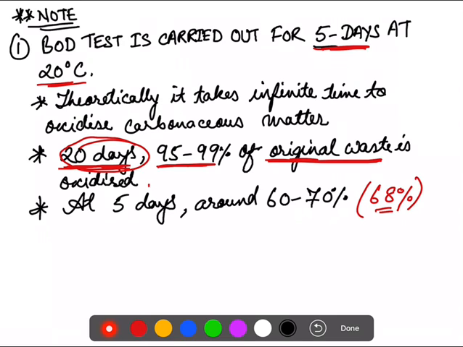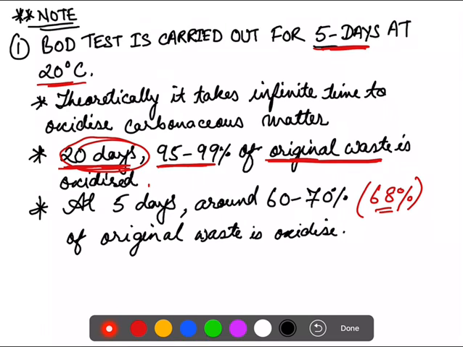So at 5 days around 68% of the original waste is oxidized. At 5 days, 68% of your original waste is oxidized.